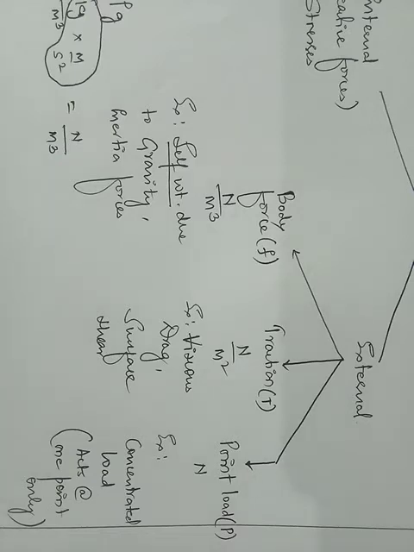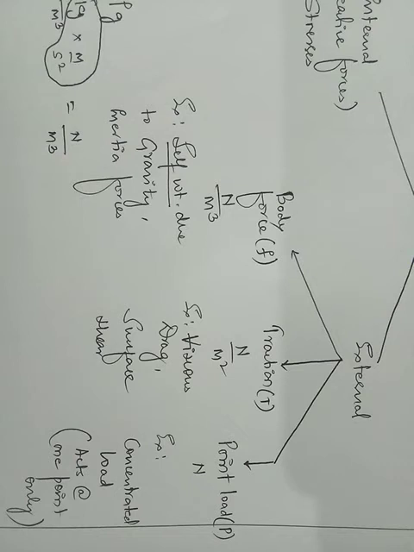If it is a solid part, then it becomes surface shear. If there are two surfaces in contact, rubbing with each other, it becomes surface shear. If it is a fluid, it becomes viscous drag. And at last there is point load, which is the normal force we apply, denoted as N. Point load is generally known as concentrated load, and it acts at one point only.